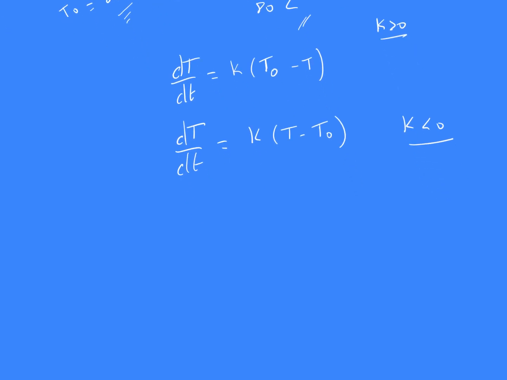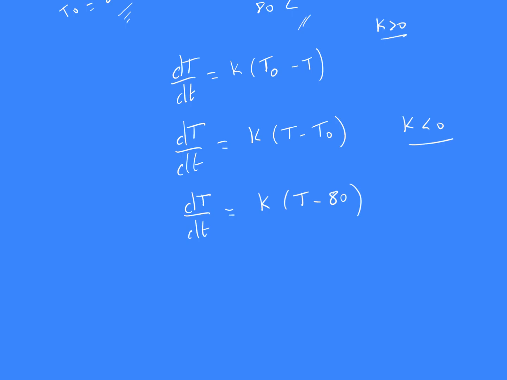Let's write the equation. The change in the temperature with respect to the time is equal to k times T minus 80. T0 is the temperature of the environment. T is the temperature of the object.